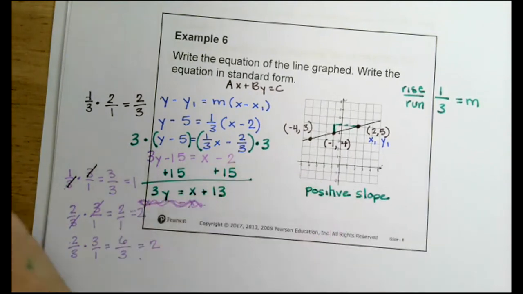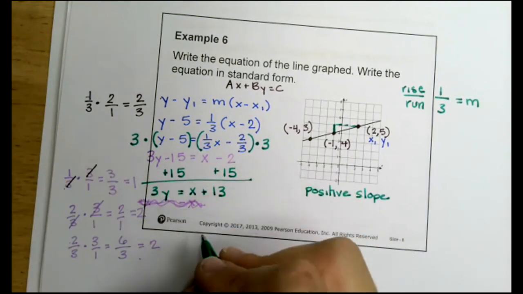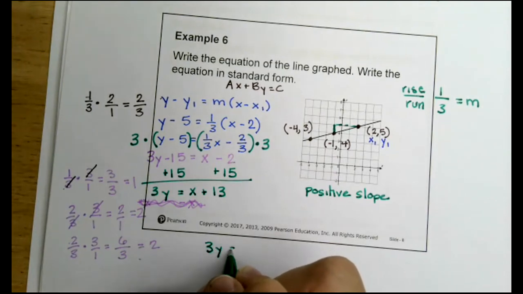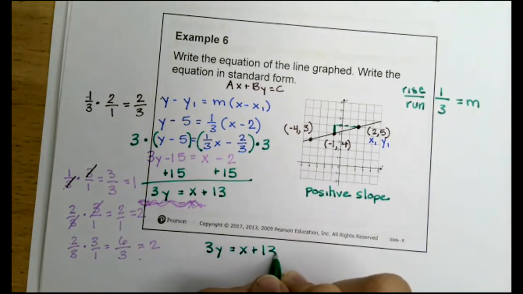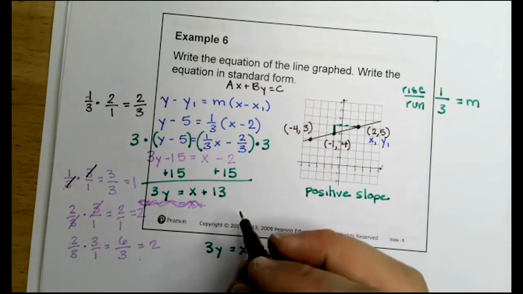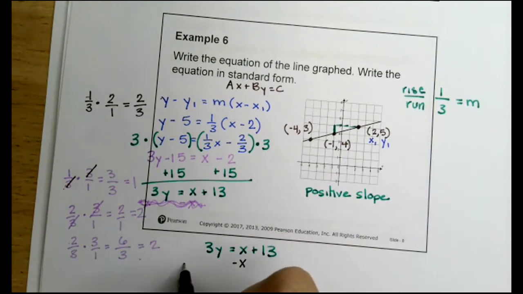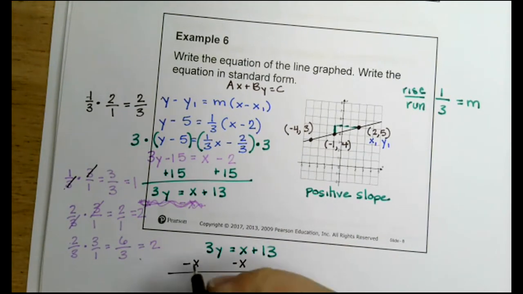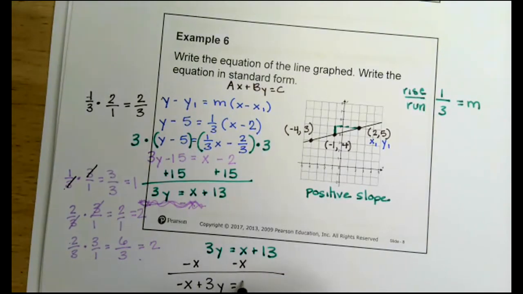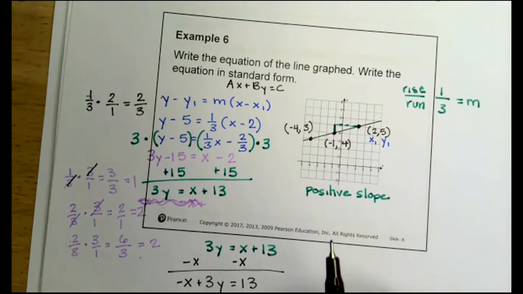It's looking messy. All right. 3y equals x plus 13, so we're going to move the x. Negative x plus 3y equals 13.